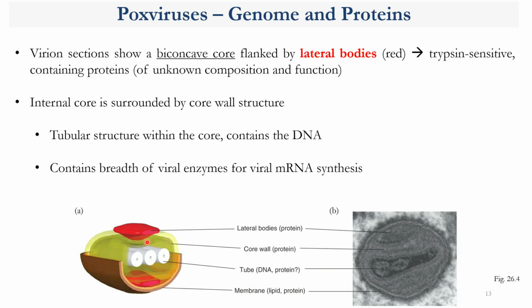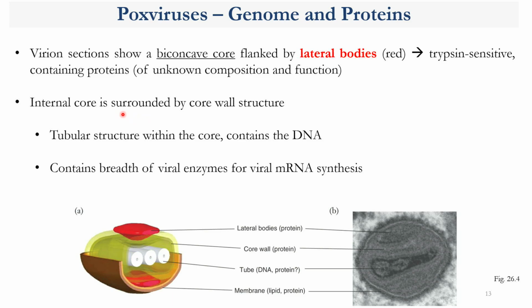So this tells us that there's lots and lots of protein in that structure. But the composition and function of all these proteins is actually not very well known. And obviously, this is hard to study as well because remember, we are dealing with smallpox virus. It's a very dangerous virus. So it becomes hard to study, and we have only so much stock of these viruses.